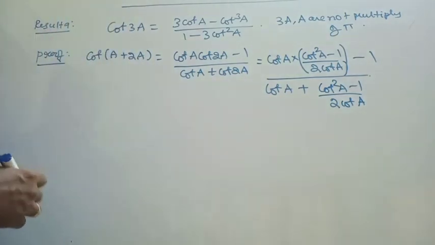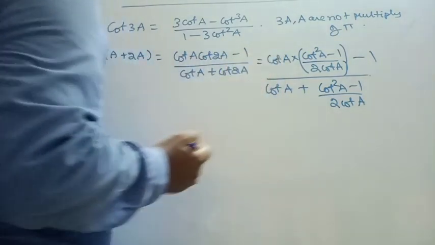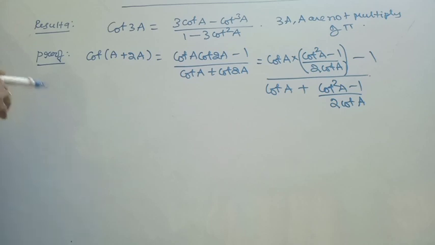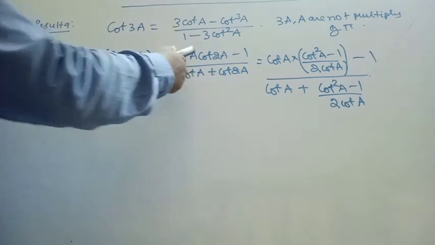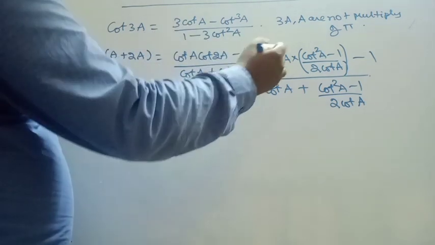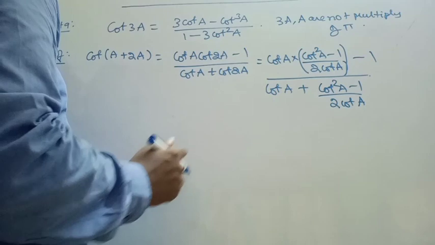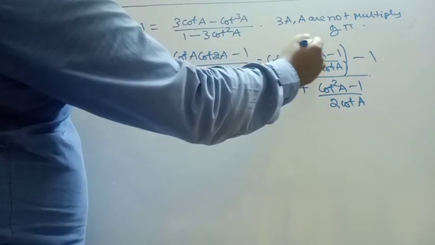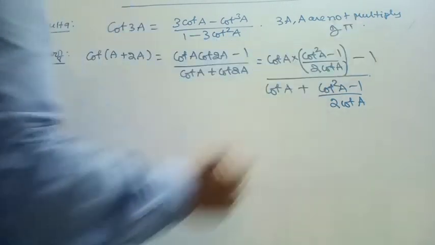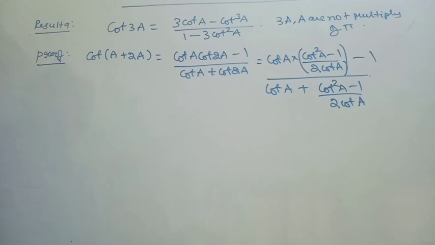Fine. Now see my dear students, here we can nicely do one thing. Cot 2A we have here as (cot square A minus 1) by 2 cot A, so cot A into cot 2A minus 1 we have got like that.